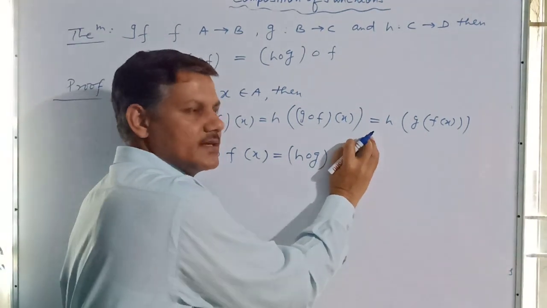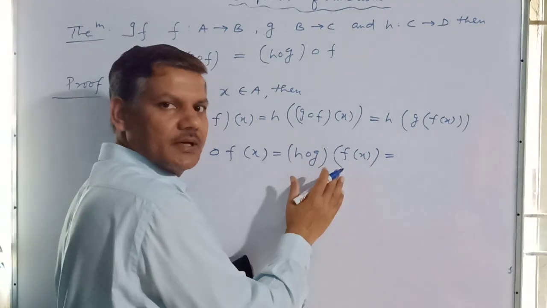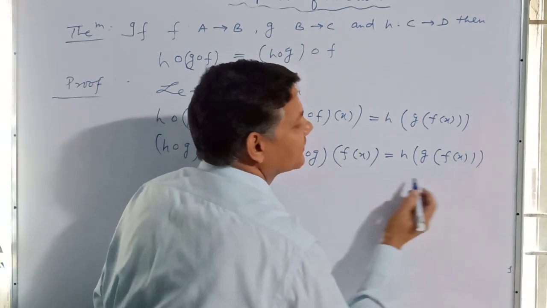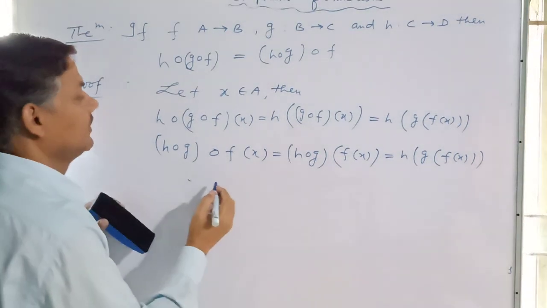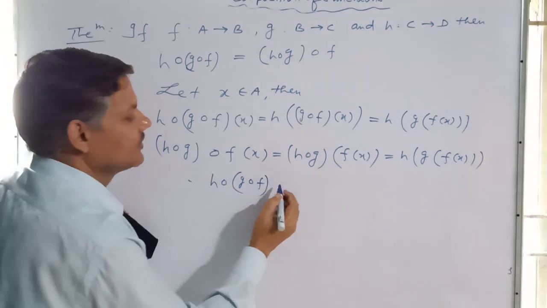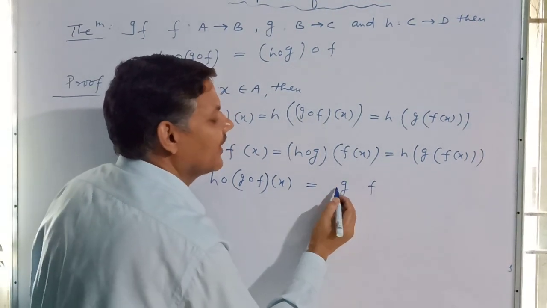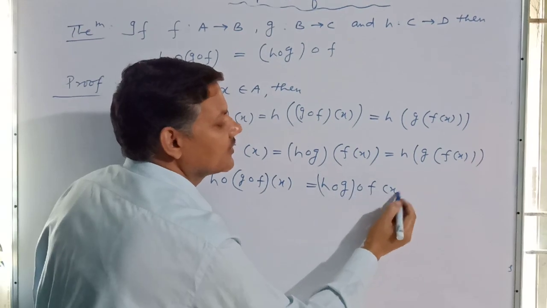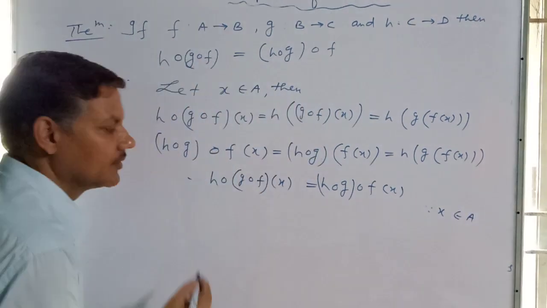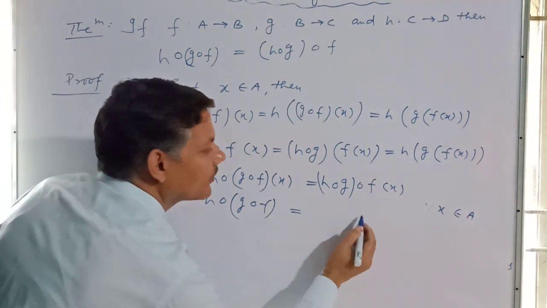Now this is used as an element of the domain of g, and we use the definition of composition of functions to get h of g of f(x). Therefore the composition of (f composition g) and h is equal to the composition of f and (g composition h), since x is an arbitrary element of its domain.